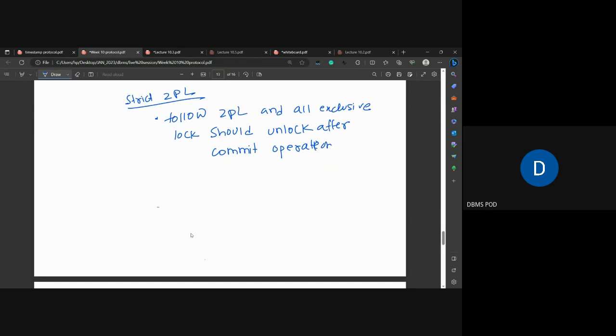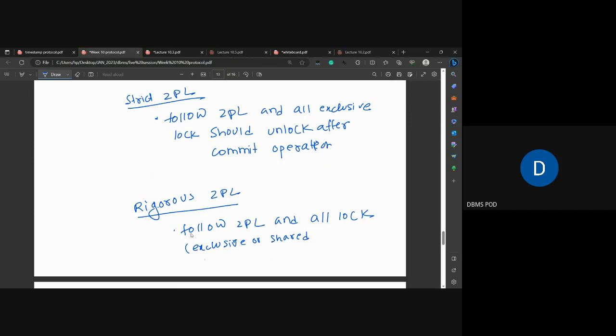Okay, sir. Now after strict 2PL, there is rigorous 2PL. It follows 2PL, two phase locking, and all locks, either exclusive lock or shared lock, should be unlocked after the commit operation.